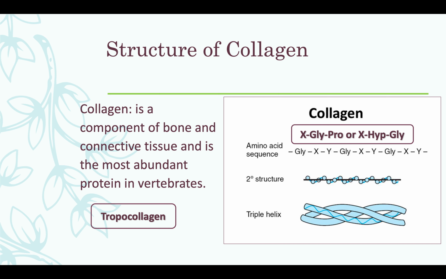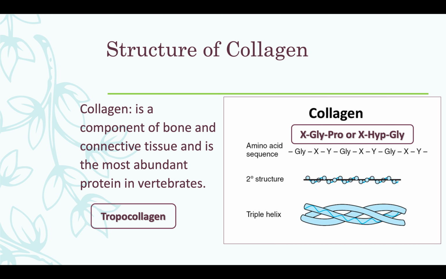Also note that the triple helix is arranged in such a way that every third residue is inside the helix, and this is always occupied by glycine because it's the only amino acid small enough to fit. By the way, these three strands are held together by hydrogen bonds involving hydroxyproline and hydroxylysine.